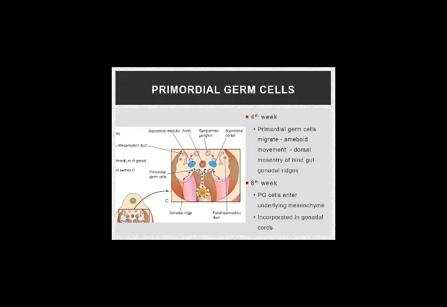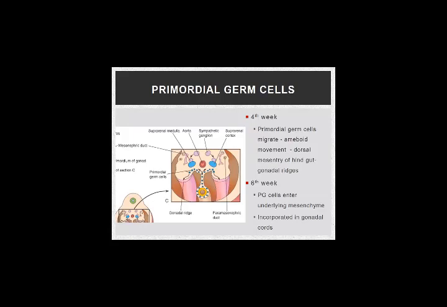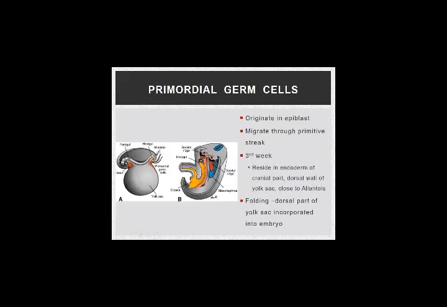When the yolk sac is incorporated into the body of the embryo, these primordial germ cells come to lie around the hindgut. This yellow is the hindgut, which I showed you in the previous slide. Okay, this is the hindgut.